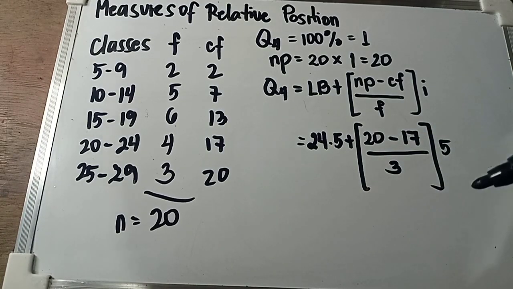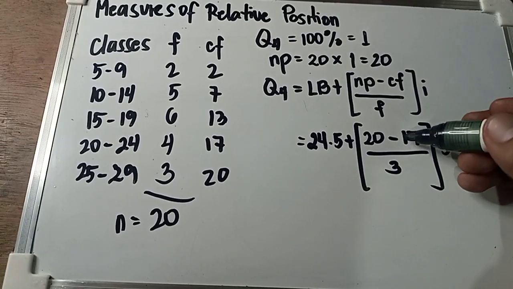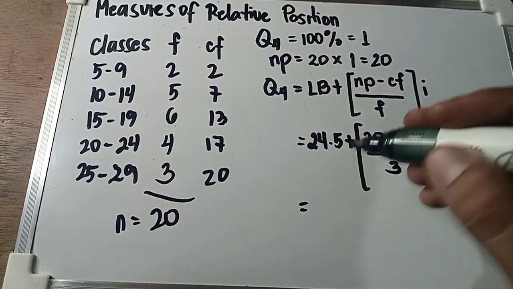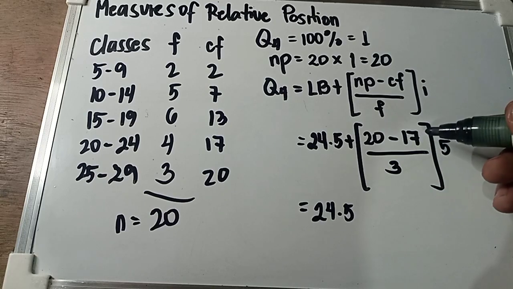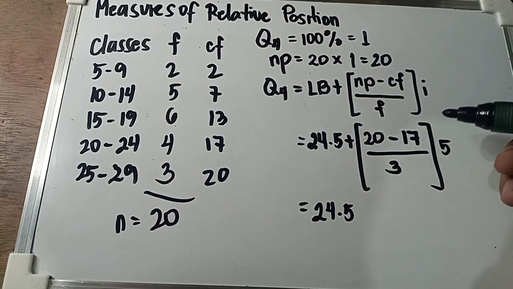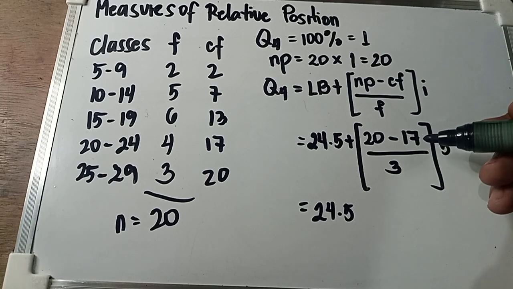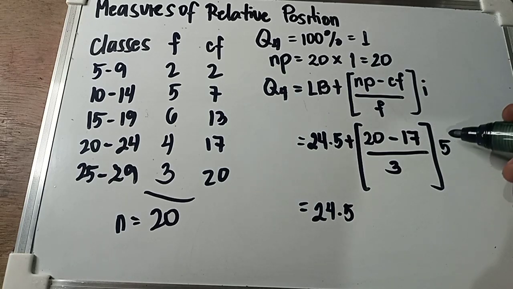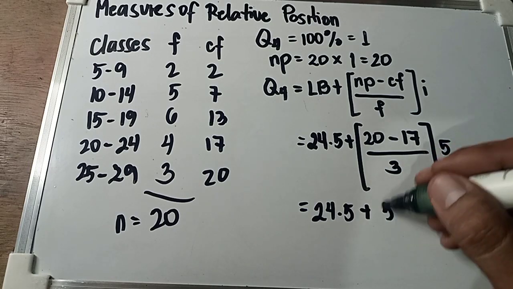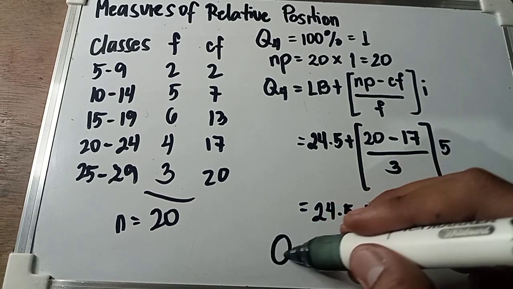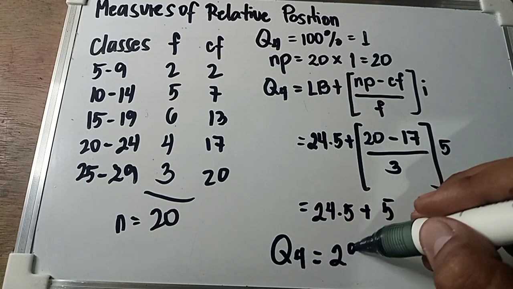Then solve mo na. 20 minus 17, that's 3. So 3 over 3 is 1, parehas yung numerator sa denominator. Pwede mo na siyang i-multiply sa 5, so that's 5. So 24.5 plus 5, your Q4 value is 29.5.